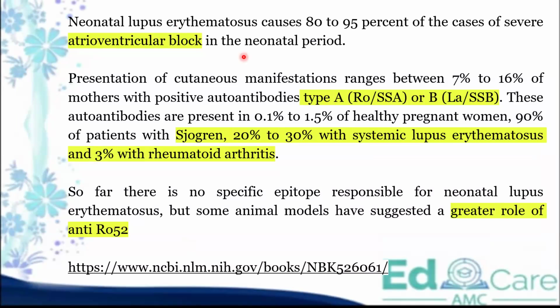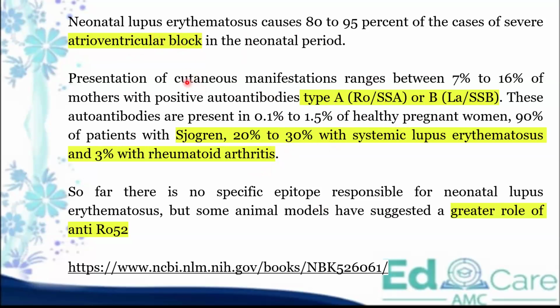And when they are born, there are two very specific conditions in babies born to mothers with anti-Ro, anti-La positive SLE. They can develop bradycardia, right? So there is atrioventricular block, or congenital heart block.